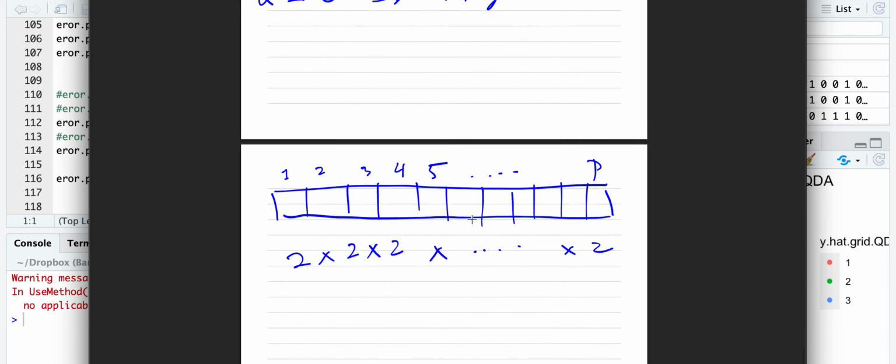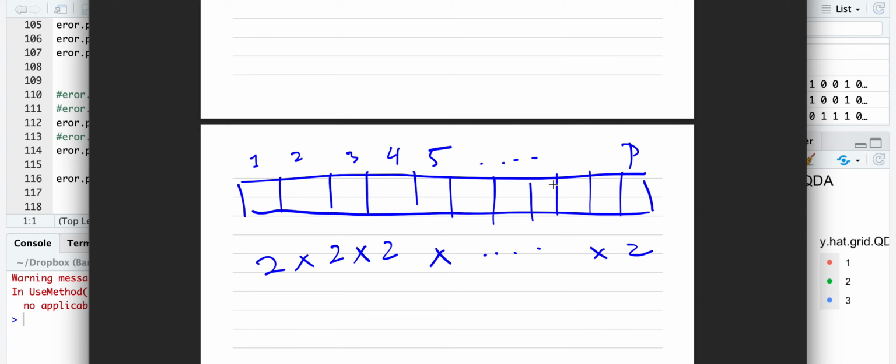What is this figure trying to tell us? Well, we have P features, each of them can be present or not present, so we have two options, yes and no. And then if you want to count the total number of possibilities, it is 2 times 2 times, so it's essentially 2 to the power of p, an exponentially large number of models.